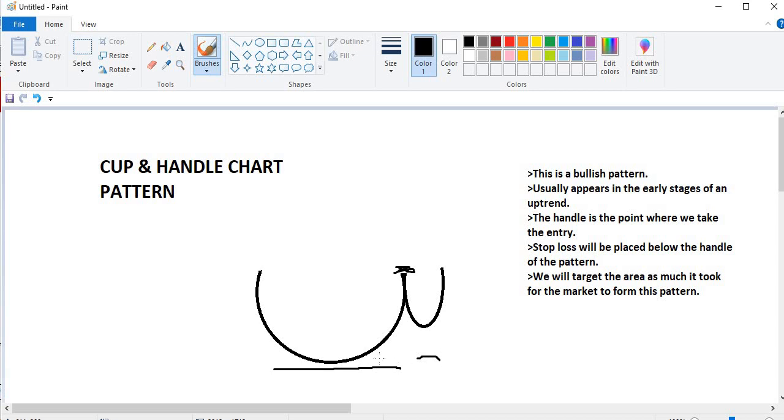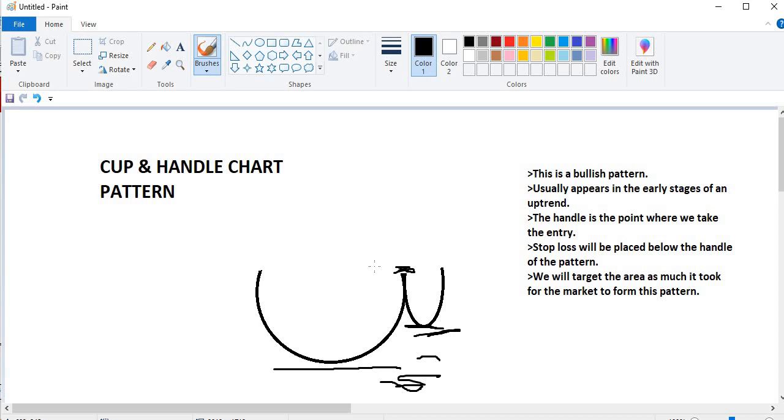So initially we will take entry at the very bottom of the handle, and we will place our stop loss below the handle, or for more safety, if you are having any insecurity about the stop loss, you can even place it below the cup. So this is how this pattern will be traded.